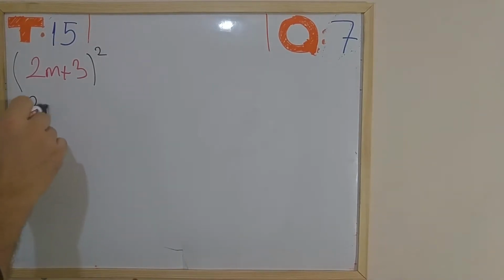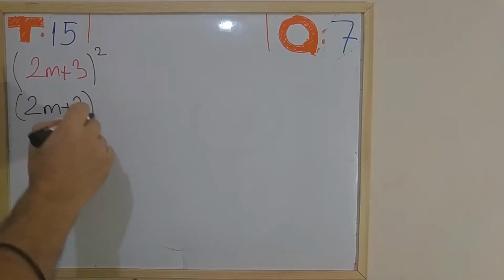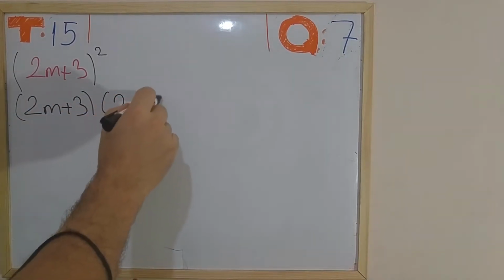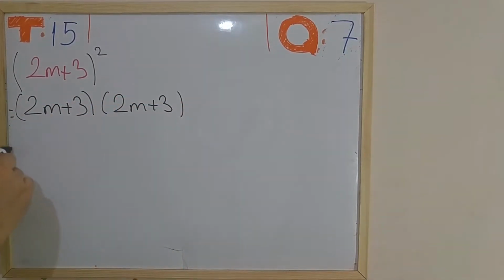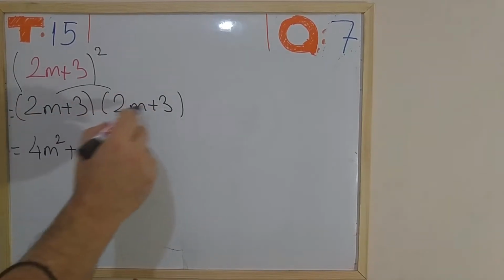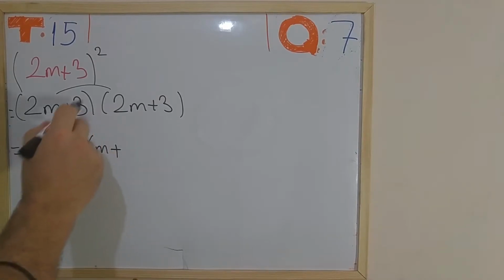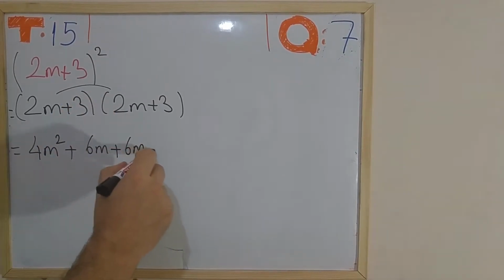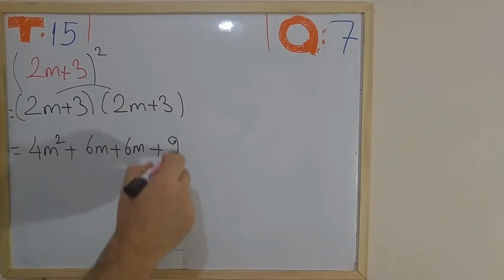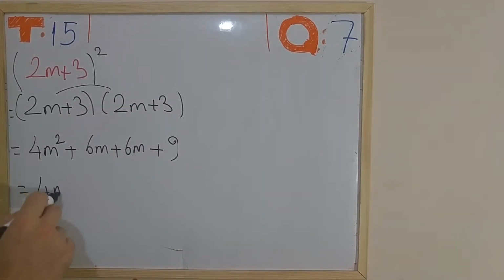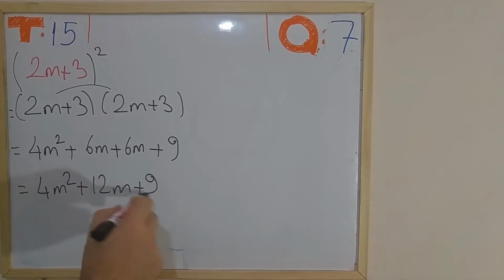Let's do it. 2m plus 3 times 2m plus 3, which is going to be equal to, let's expand, 2m times 2m is equal to 4m squared, plus 2m times 3 is equal to 6m, plus 3 times 2m is equal to another 6m, plus 9, which is going to be equal to 4m squared plus 12m plus 9 as the answer.